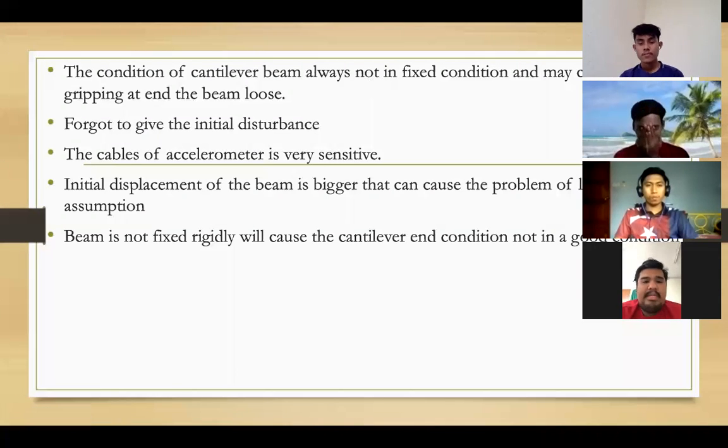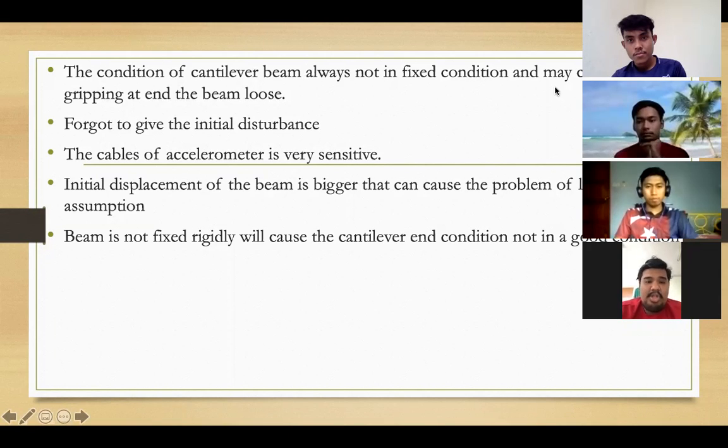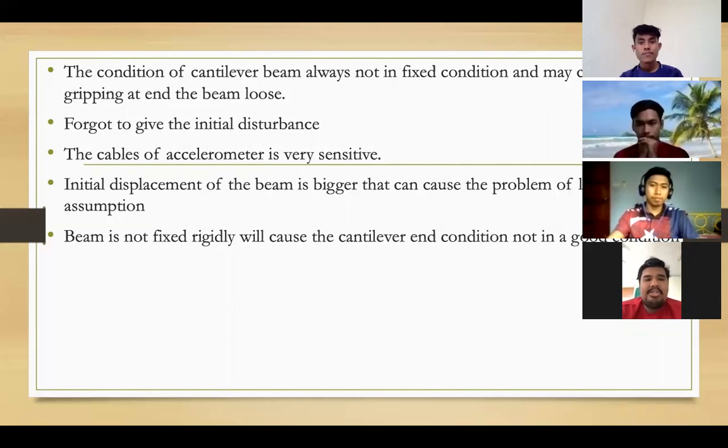Okay, the problems that always happen during this project are, firstly, the condition of the cantilever beam is not fixed, which may cause the gripping at the end of the beam to become loose. The second problem that usually happens is forgetting to give the initial disturbance. The third one is that the cable of the accelerometer is very sensitive.